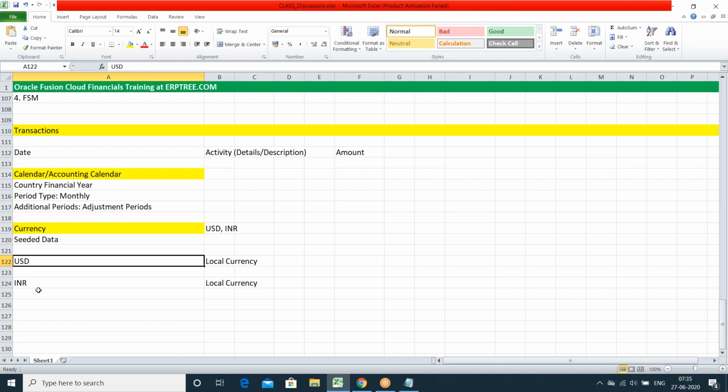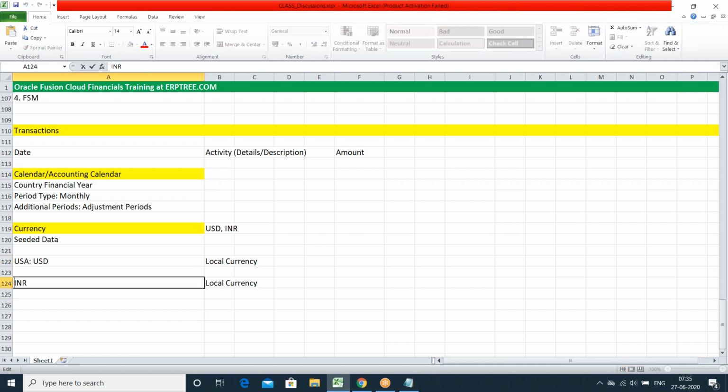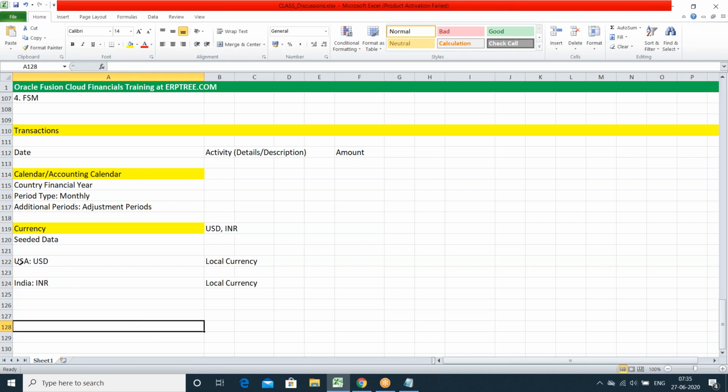The first point is the local currency. For the USA, USD is the local currency. For India, INR is the local currency. For the USA, INR is the foreign currency, and for India, USD is the foreign currency.